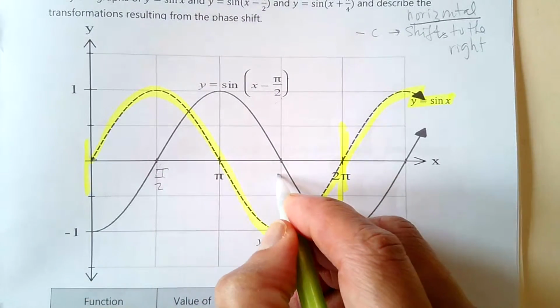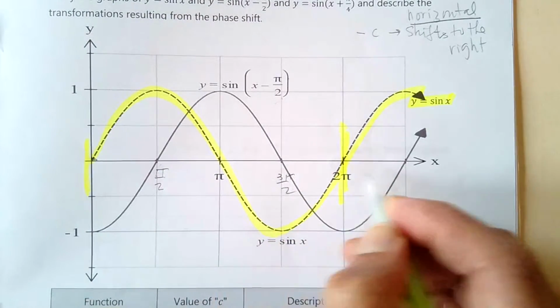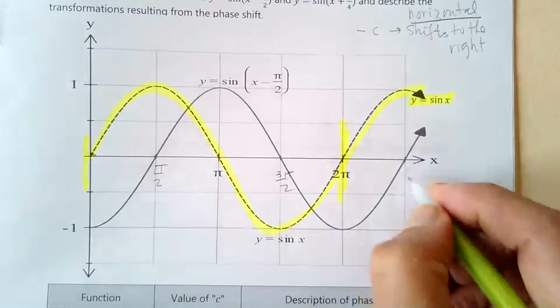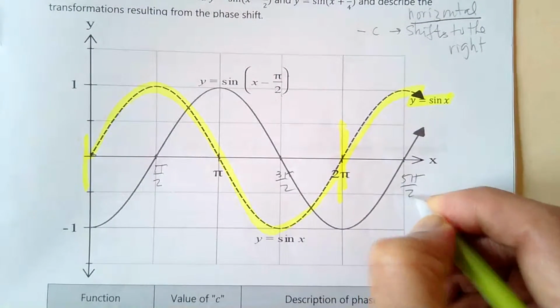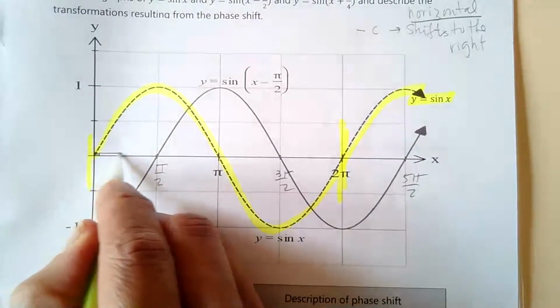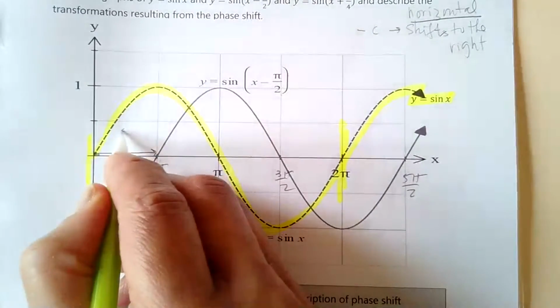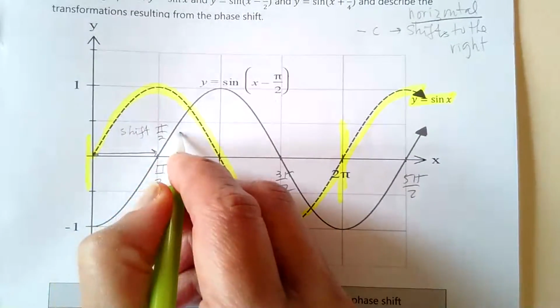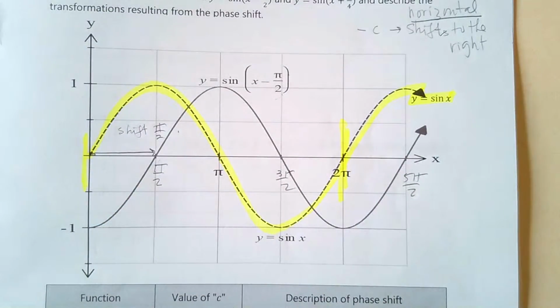We look at here, it's going to be 3 pi over 2, 2 pi, and that would be 2.5 pi, or 5 pi over 2. So the graph now shifts pi over 2 units to the right. That's what we're looking at, this shift, the value of c.